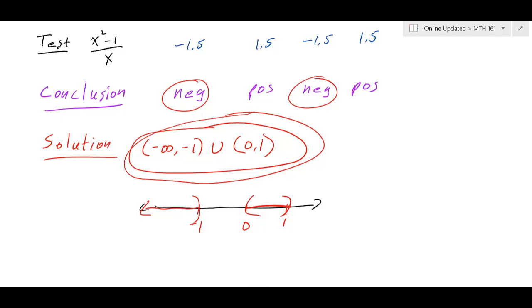Okay, if we look at another example, let's look at the inequality (5 plus 7x) divided by (1 plus 2x) is less than or equal to 4.